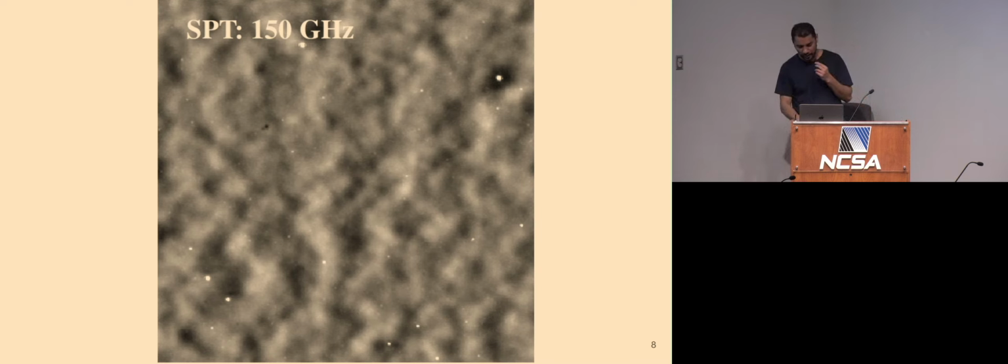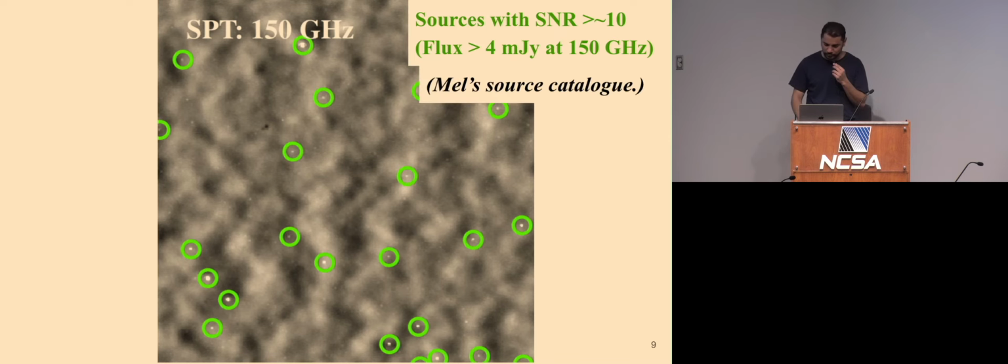We call them point sources because they are just point-like for us. You can actually see that these are all point sources. These are all galaxies emitting in millimeter wave, and this is actual data. These points are coming from the point source catalog that Melanie produced, right? So this is real data.